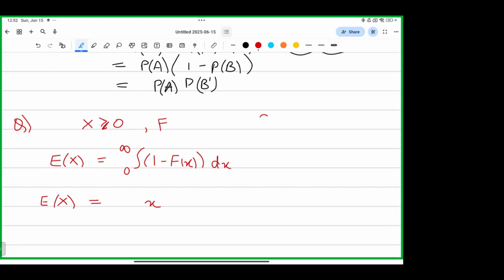We can write the PDF of x as equal to this.